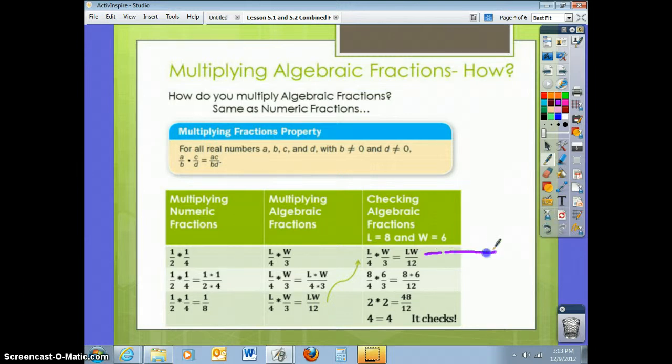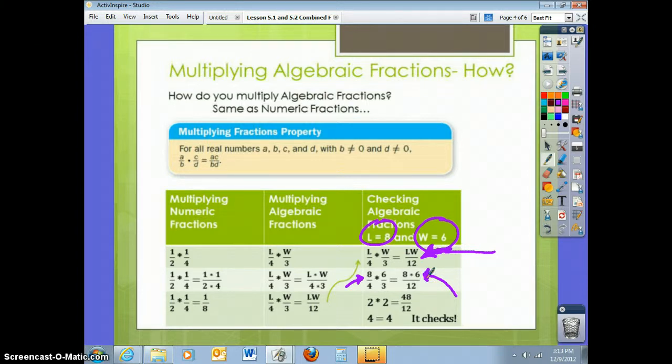So here we start our check. L over 4 times W over 3 equals LW over 12. We're going to take numbers that are easy to work with, like 8 for L and 6 for W, and put those into the original expression and into the result of your multiplication.